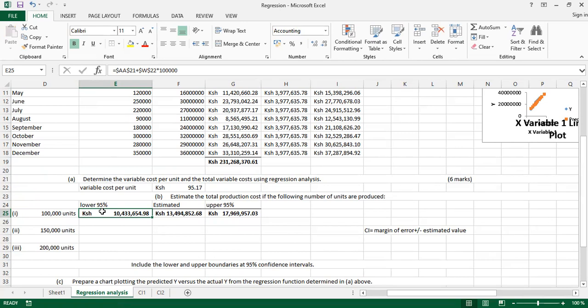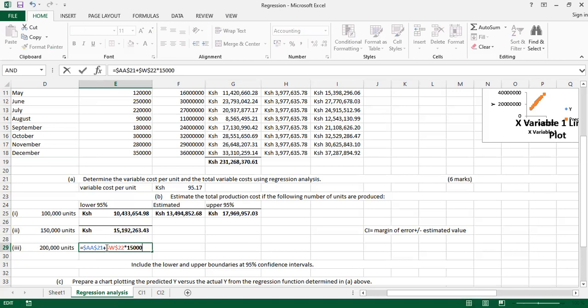So when I come here, I do Control C, I come here, I do Control V, and I press F2 and edit to 150, enter. I come here, I copy this one, Control C, Control V, and I also press F2 to edit, and I say 200, enter.